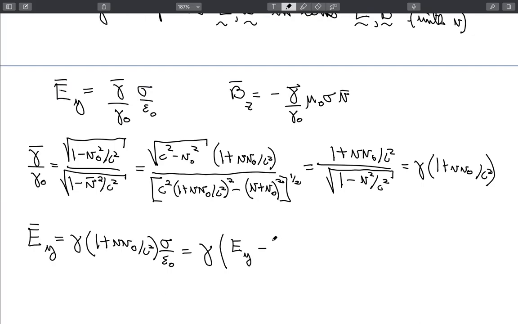So that means just v times Bz divided by epsilon 0, and then I had the mu 0, and I've got the c squared hanging from this. Okay, but of course you recognize, epsilon 0 mu 0 is 1 over c squared, so this thing trivializes. So this whole thing just becomes gamma times Ey minus v Bz.